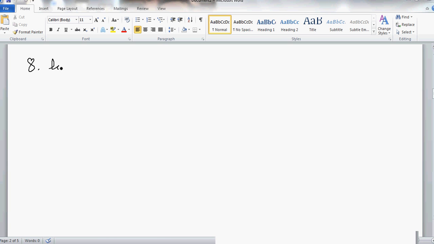Number 8 is log base a of 5 plus log base a of x cubed minus 2 plus log base a of 3. Now we look at this, log base a, log base a, log base a, and we're adding.